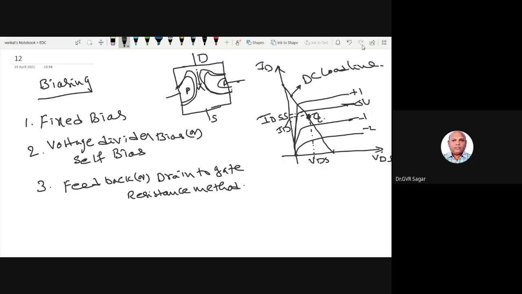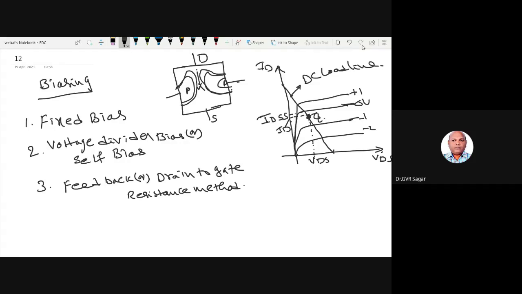Internally there is no thermal runaway existing here. Be careful: not like in a BJT, where thermal runaway exists and there is self-destruction. But there is no question of self-destruction here, because it is field control. The field is fixed here. Heavy intensity, the field is generated here. This will totally control. There is no question of any thermal runaway existing here.